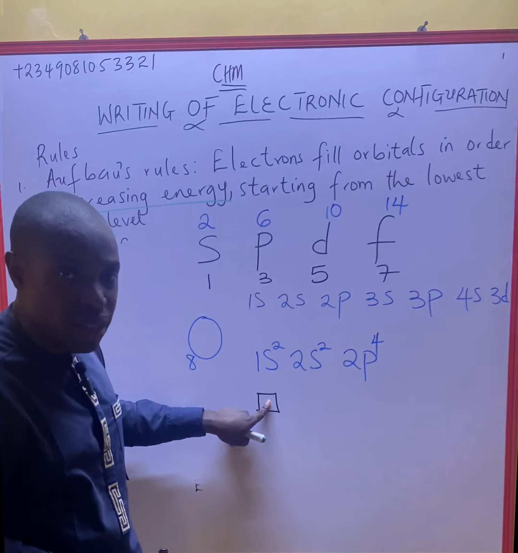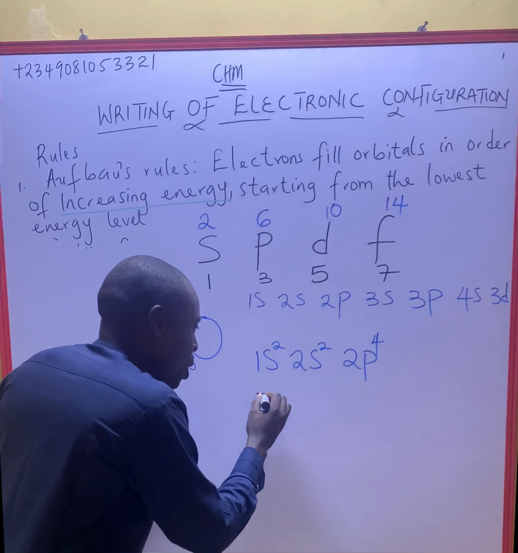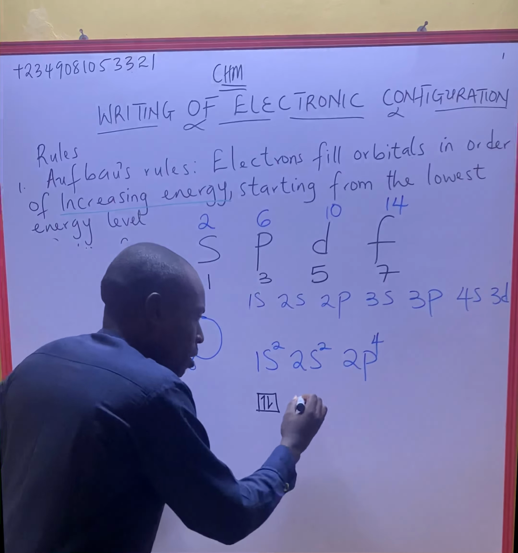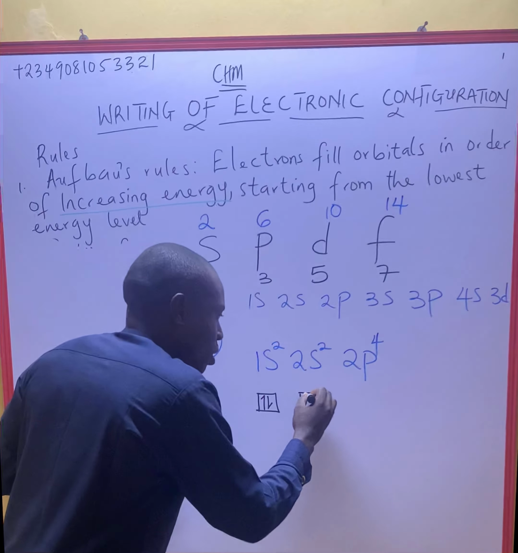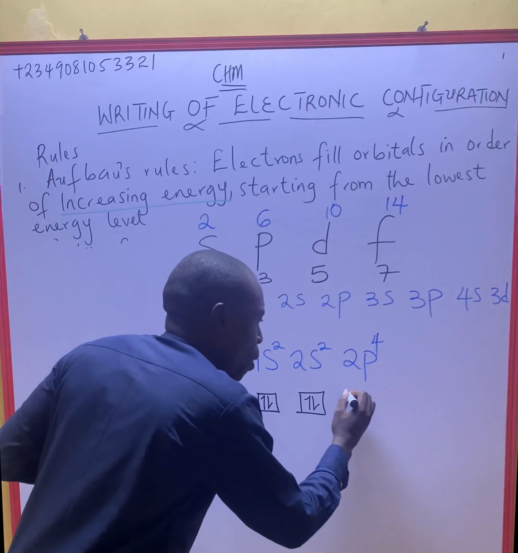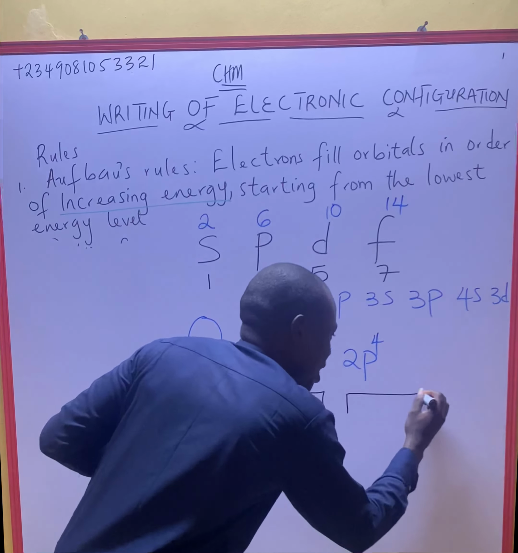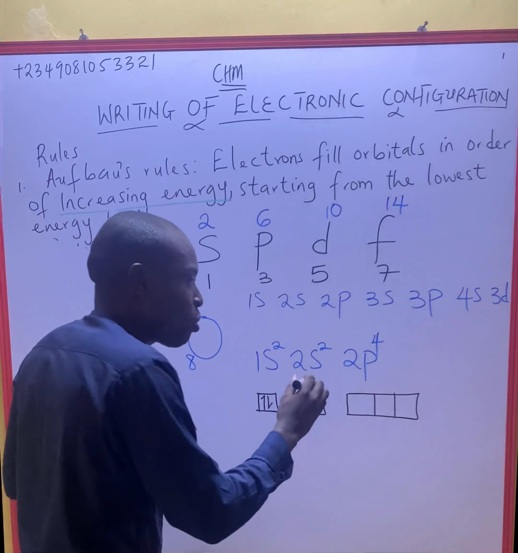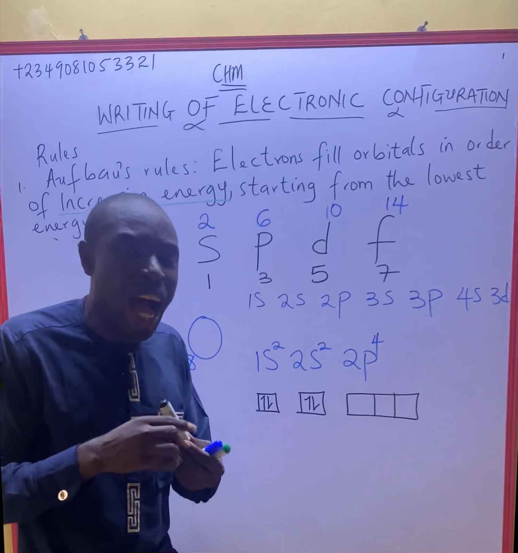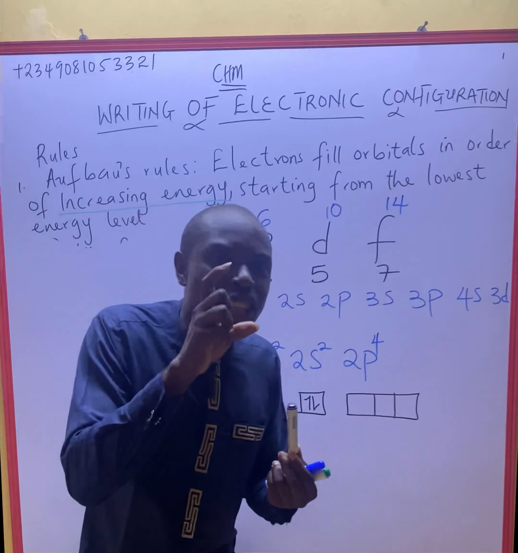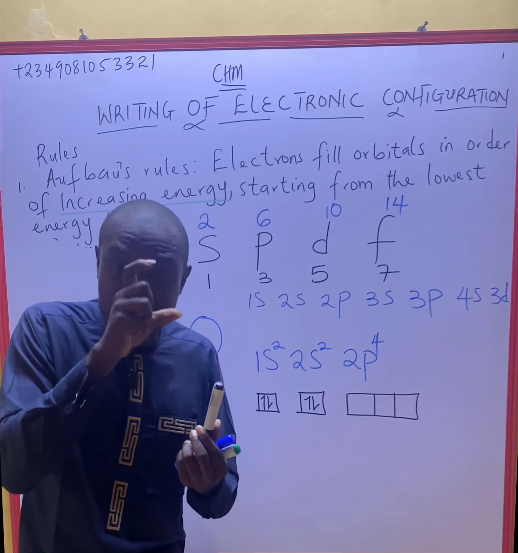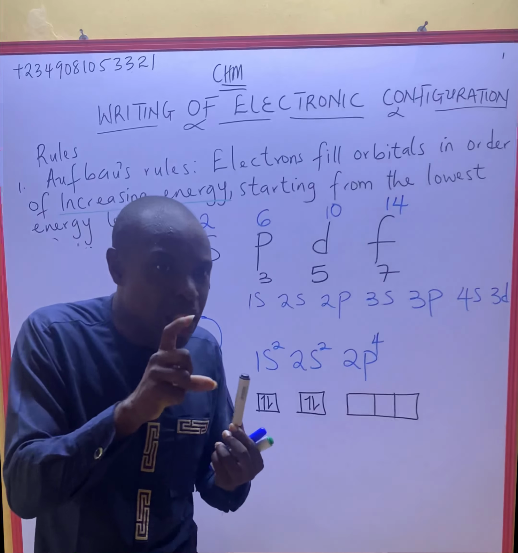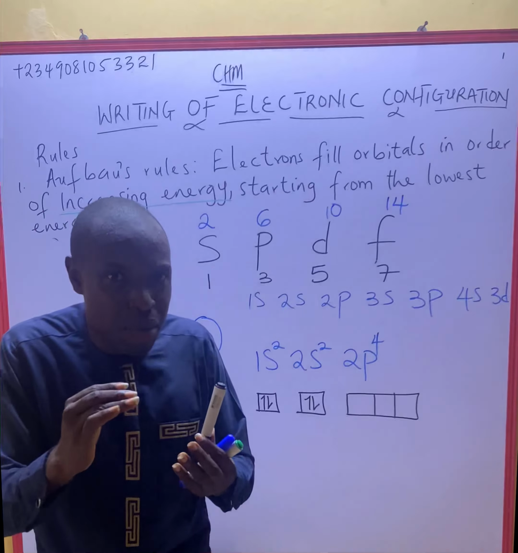This is one box. So here will be of opposite spin, meaning it will be like this. For 2s2, it will be like this. For 2p4, remember p can have 3 boxes. So what do I do now? This is where Hund's rule comes in. According to Hund's rule, electrons fill each orbital singly, meaning one at a time before you can pair.